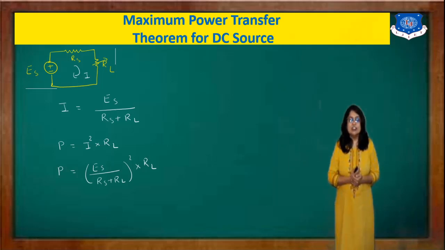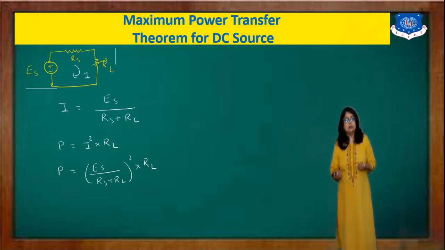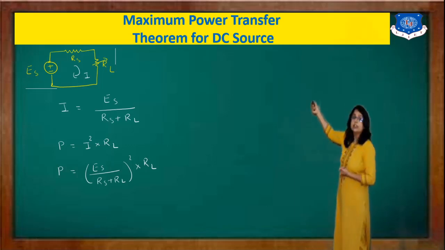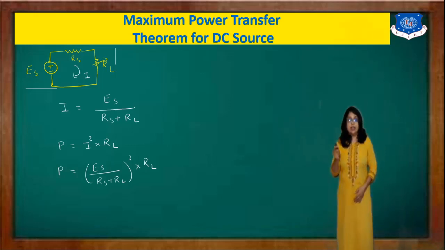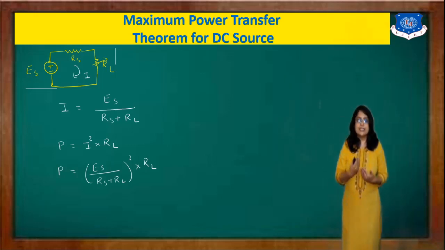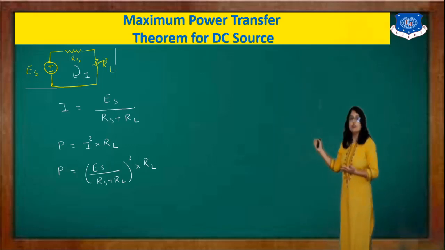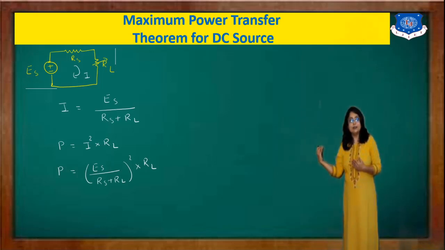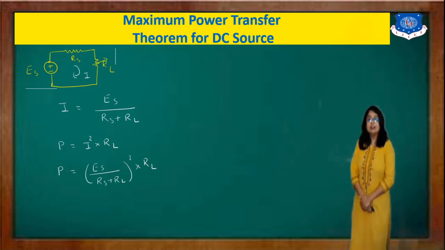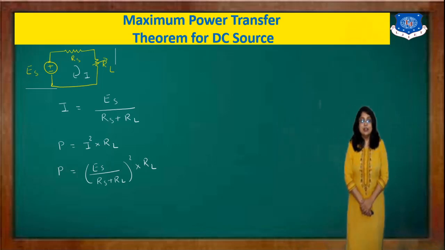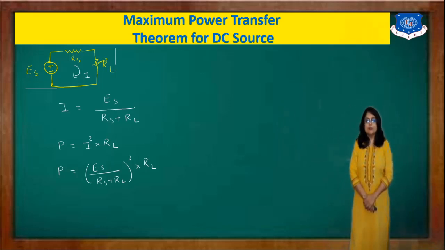It's P equal to I square into RL. When I want to find the power, what do I require? Current. The value of current in a simple circuit is I equal to ES upon RS plus RL. Then P equal to I square into RL, so P equals ES divided by RS plus RL whole square, multiplied by RL.